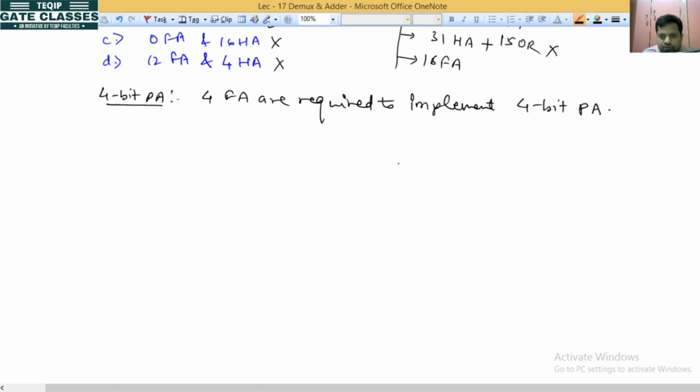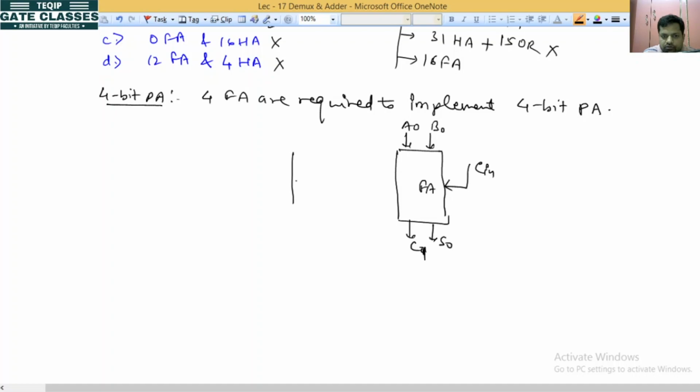So if you see here, I am going to design it. This is a full adder. Suppose I have A0, B0, and from here we have carry in. We got S0 and C1.